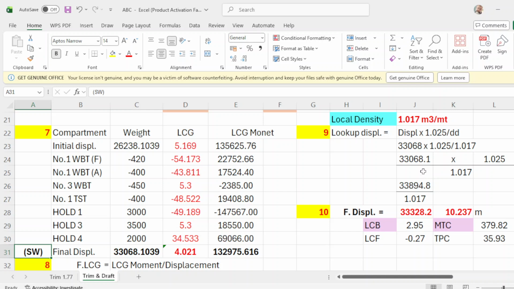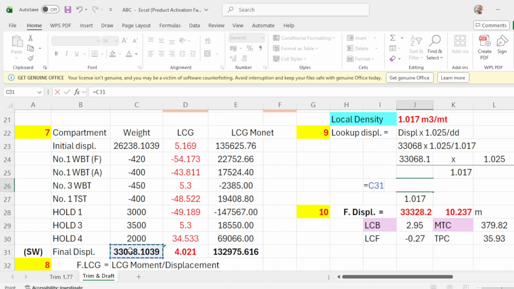So multiply please these two first, your local displacement times 1.025. So multiply equals, click this one, times 1.025, you press enter. That will be 33894.8.